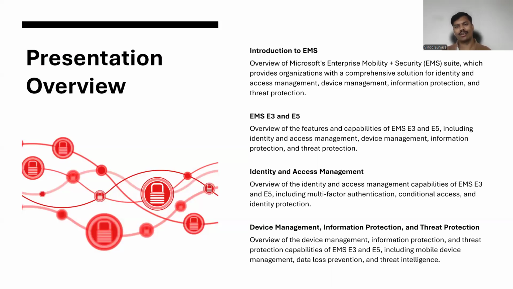If you have E3 or E5, you really don't need to get an additional Intune license, right? Because E3 and E5 both contain Intune: plan 1 in E3 and plan 2 in E5, right? That also covers all of the identity access management, device management, information protection, and threat protection capabilities. So it is going to be really helpful in that situation as well.